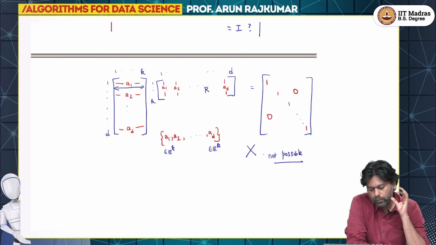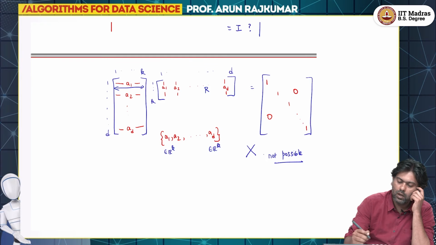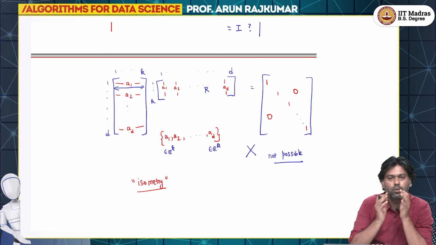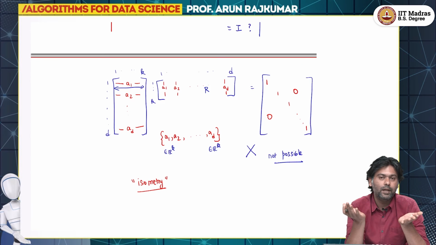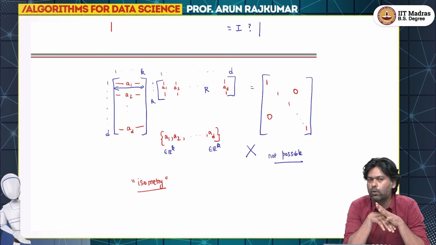Now, what the JL Lemma says is that, well, first of all, what we have disproved now is the existence of what is called an isometry. Isometry means that you have a map such that it leaves the distances intact exactly, right. But the JL Lemma is not guaranteeing you that.